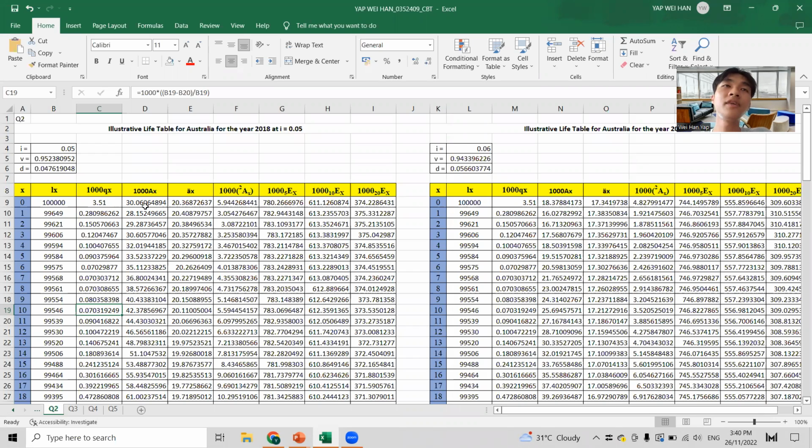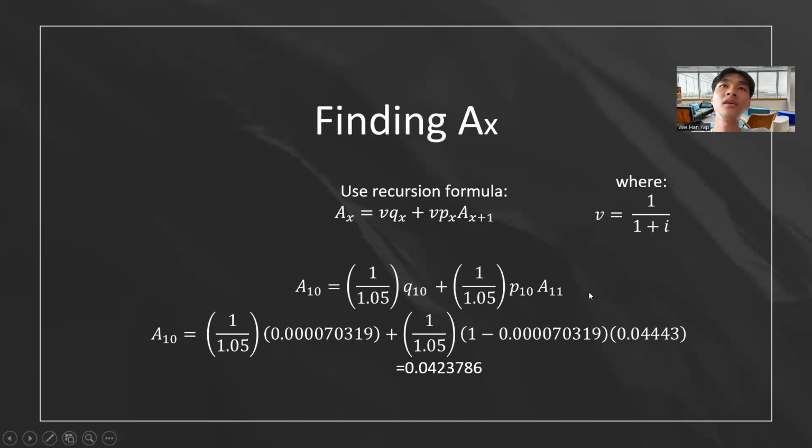The next step is to find Ax. We are using a recursion formula in our case to find Ax. What's the formula for Ax? Ax is just v qx plus v px Ax plus 1, where our v, as I mentioned just now, equals 1 over 1 plus i.